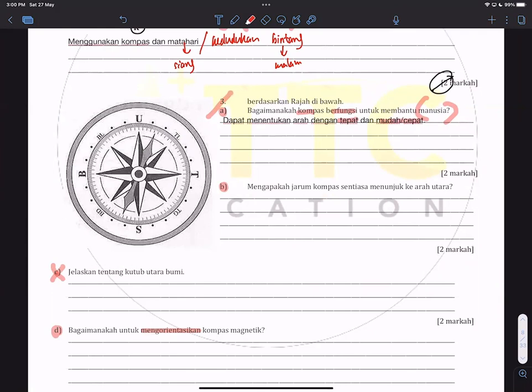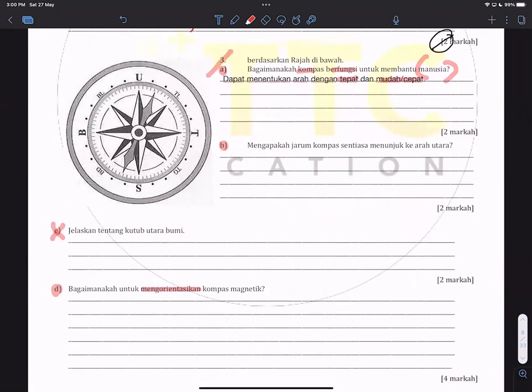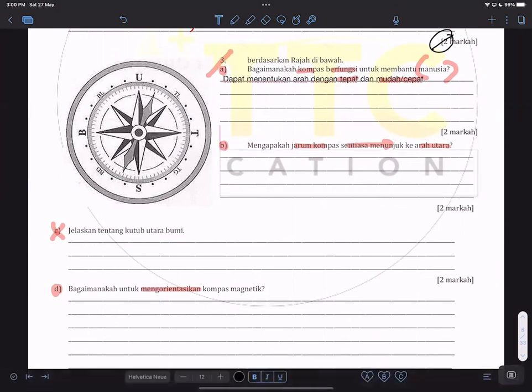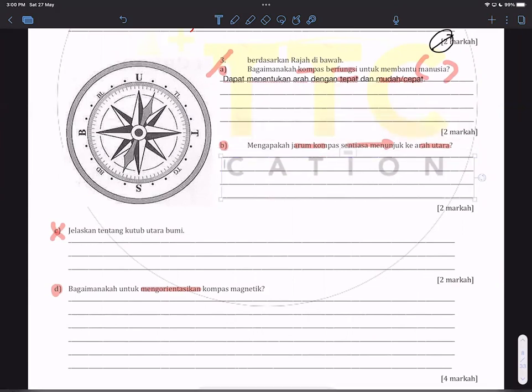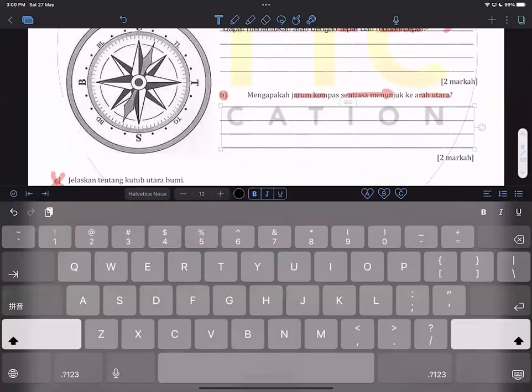Okay. So why is the jarum compass always pointing towards the north? Because we have magnetic force in the north pole, right? And then the strongest one to attract any metal object slowly rotating towards the direction. Okay, so that's why this is for you guys to copy. Please learn that.